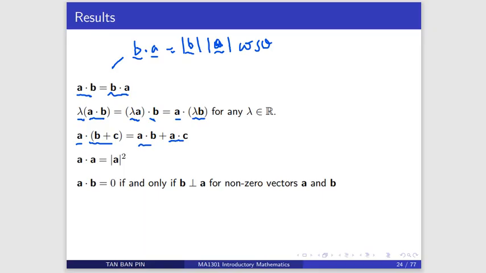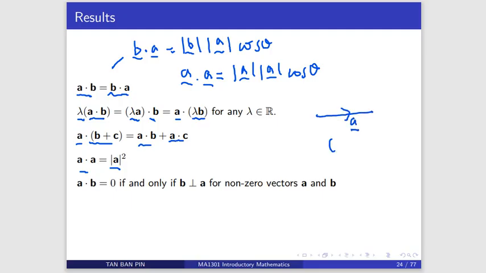And the next one tells you A dot A is magnitude of A squared. If you look at A dot A, then by definition, it will be magnitude of A, magnitude of A, cosine theta. If you consider A dot with A, then the angle between A and itself is 0 degrees.